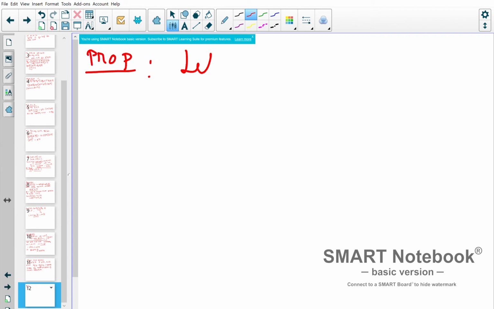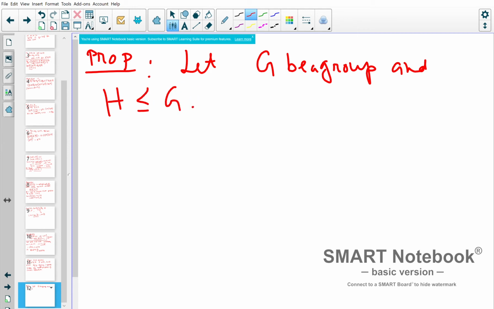So let G be a group and H be a subgroup of G. Then the following are equivalent. What are the equivalent things?